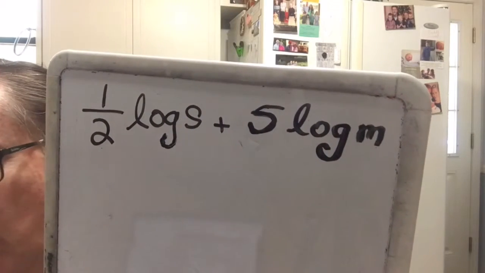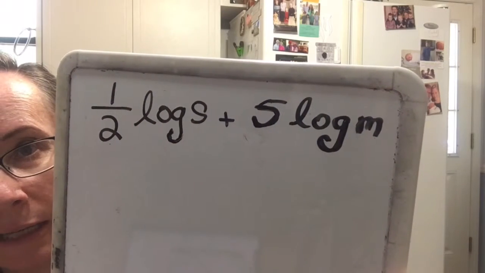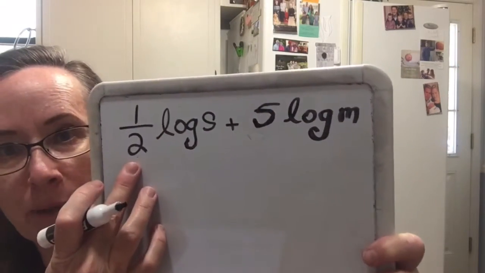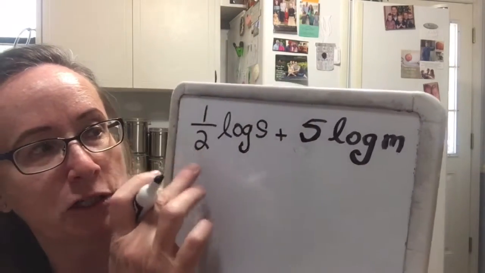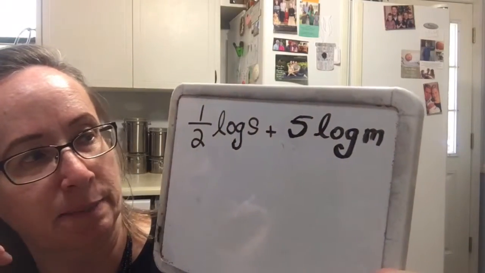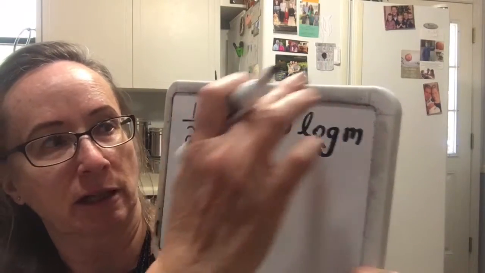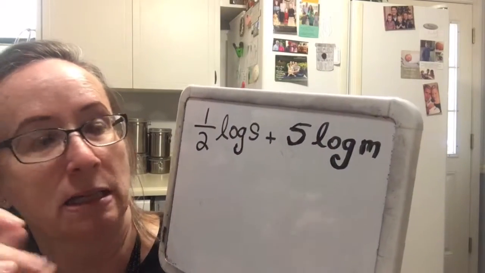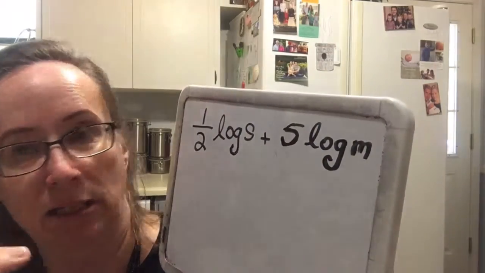And then this one is number 10. Okay, and again, we are to write this as 1 logarithm. So I have a coefficient that's going to run back around and be an exponent, and then a coefficient that's going to run back around and be an exponent, because I always want log of this plus log of that.